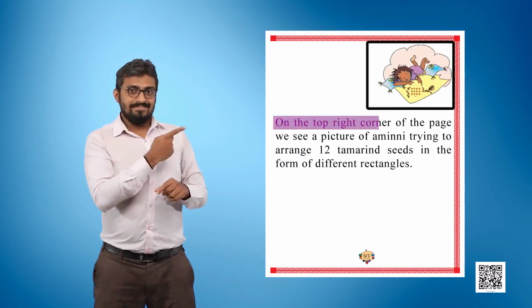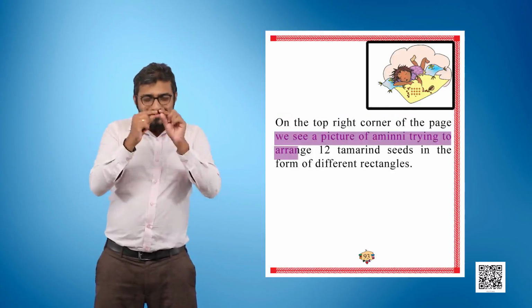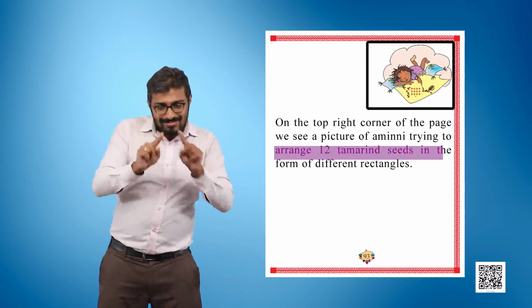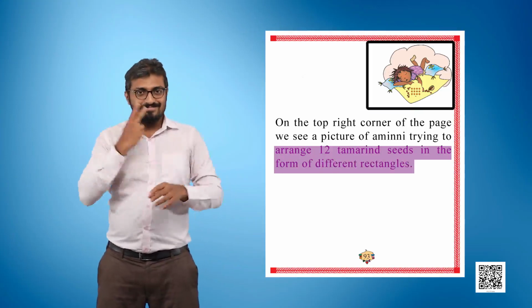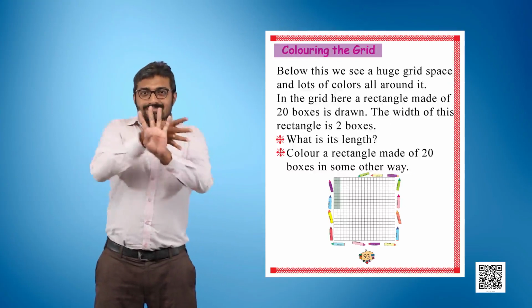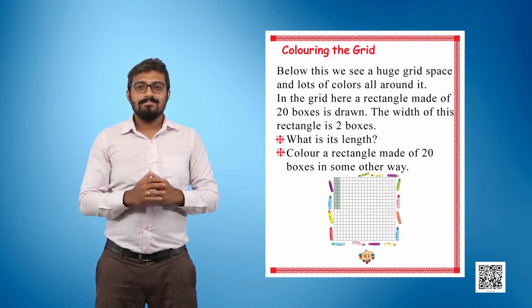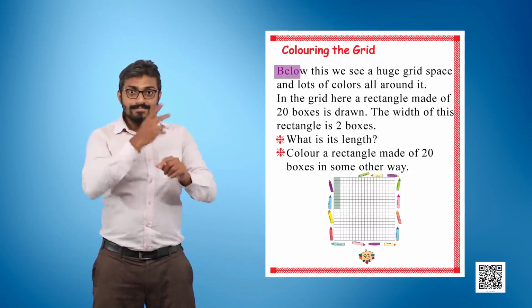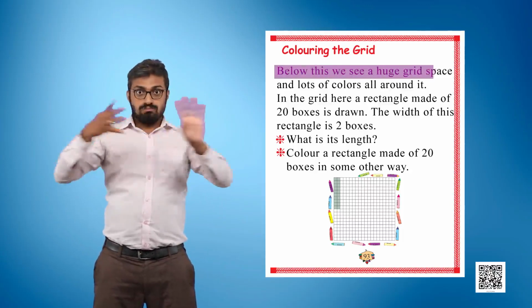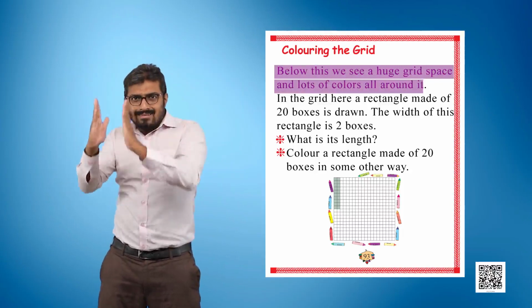On the top right corner of the page, we see a picture of Minnie trying to arrange 12 tamarind seeds in the form of different rectangles. Coloring the grid. Below this we see a huge grid space and lots of colors all around it.